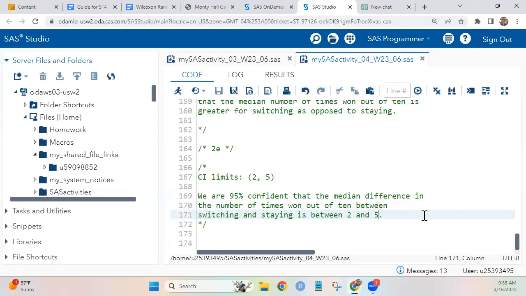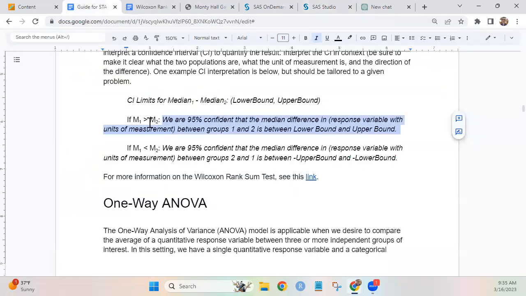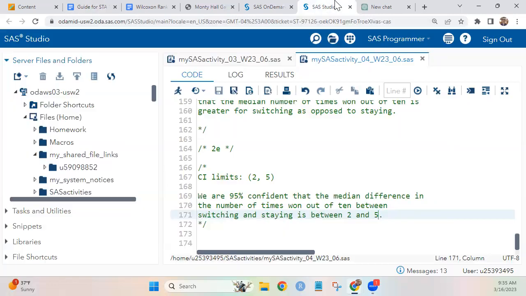Okay. So which one's group 1 and which one's group 2 is not matching here because SAS flipped the order of which one was group 1 and group 2 and then the subtraction here for us. So we have to be a little careful with that. But that's how we can interpret that.